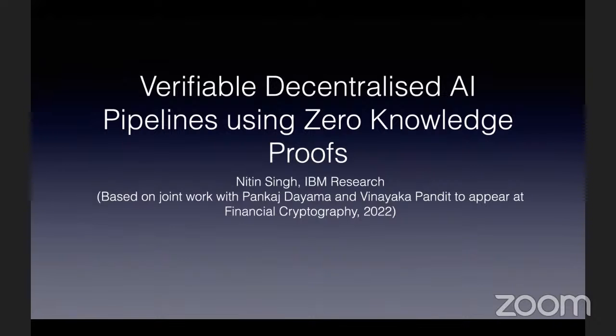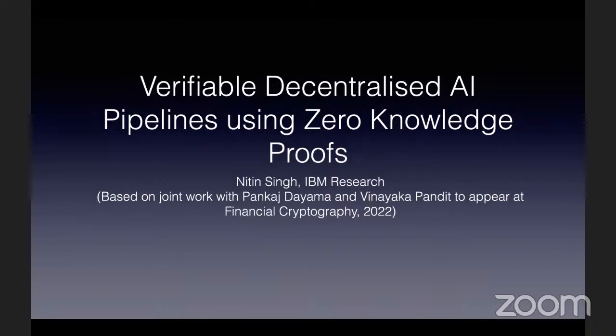So today's talk is on verifiable decentralized AI pipelines using zero knowledge proofs. This is based on joint work with my colleagues Pankaj and Vinayaka, and is to appear at Financial Cryptography 2022. Since I do not assume that a lot of the audience here is very intimate with cryptography, I'll try to keep this talk at a more accessible level.